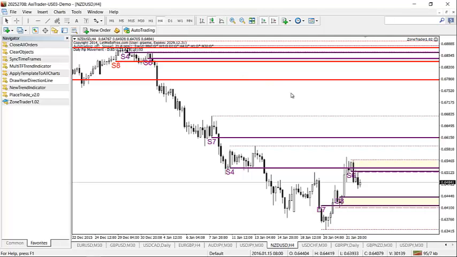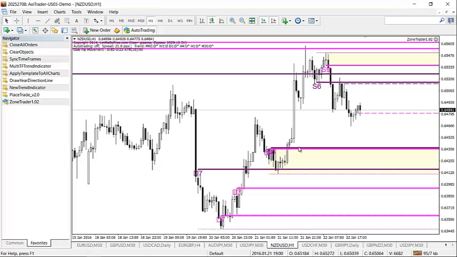Straight away on the 4-hour chart, I see this zone here, and this looks right for buying this pair. This one is at 0.6440.